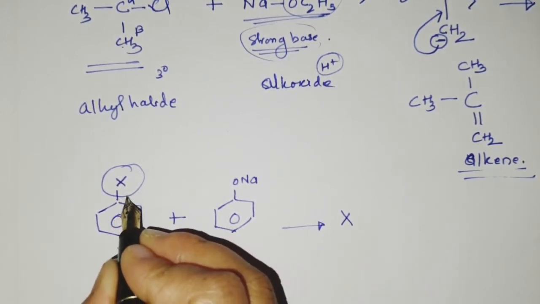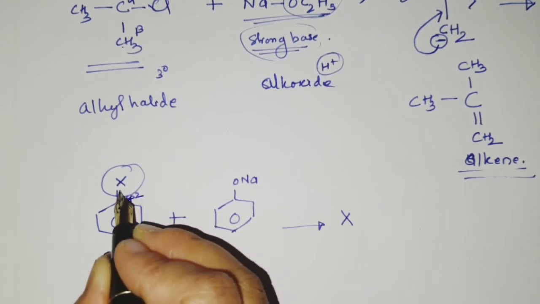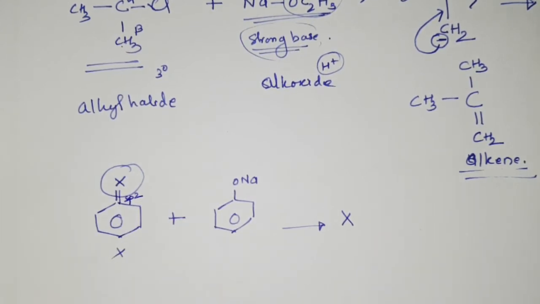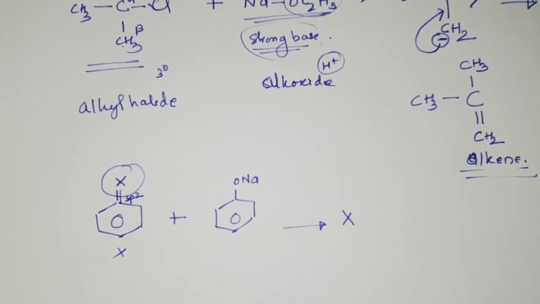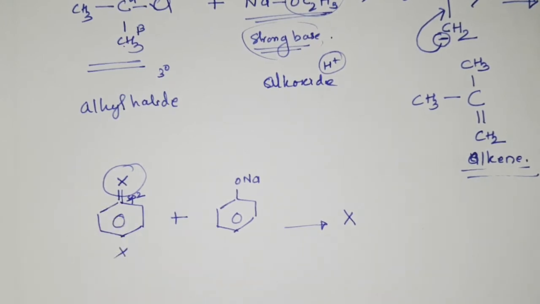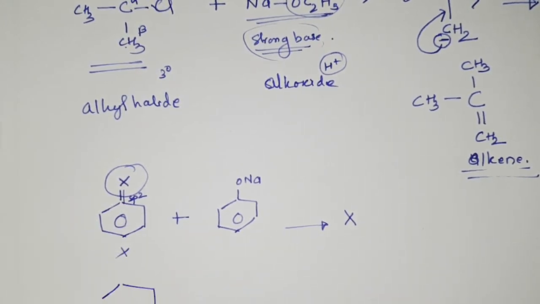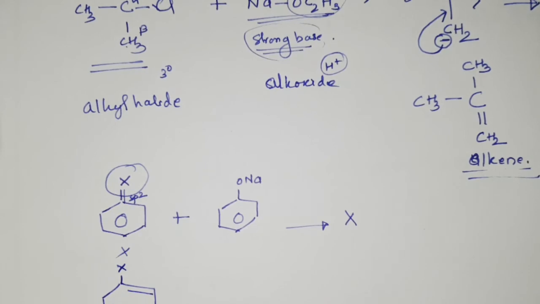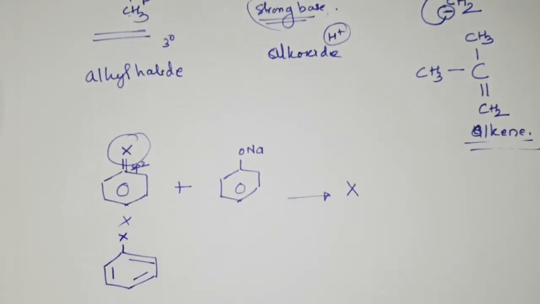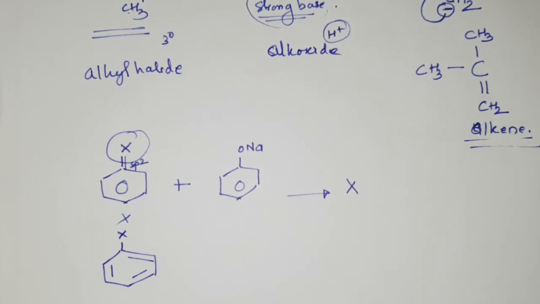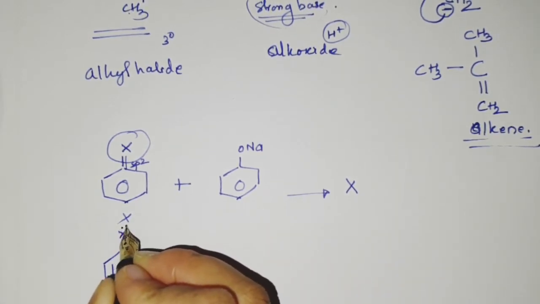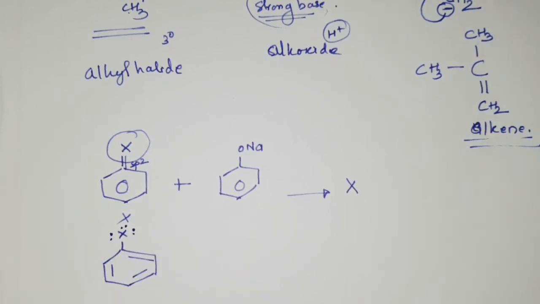This carbon is sp2 hybridized, and sp2 hybridized carbon is more electronegative, so it will pull electrons toward itself. When you draw the resonating structure, you will find that the bond between this carbon and halogen is partially double bond, and because of that it is very difficult to break this bond. That means any aryl halide will not take part in nucleophilic substitution reaction. This question will come, so drawing the resonating structure is very important. Practice it one or two times.